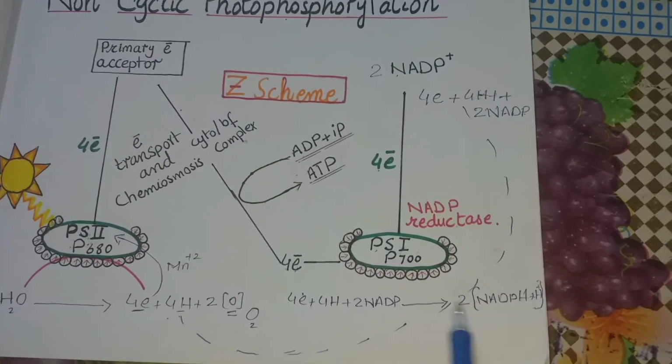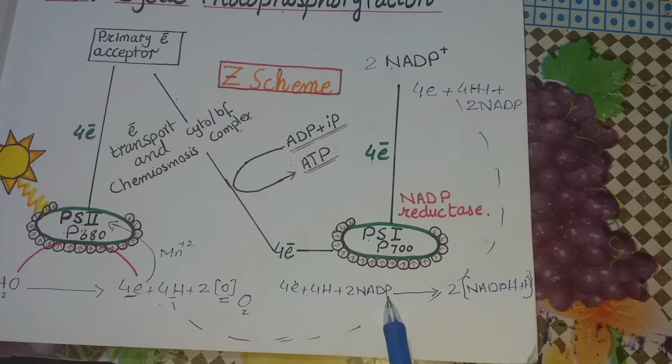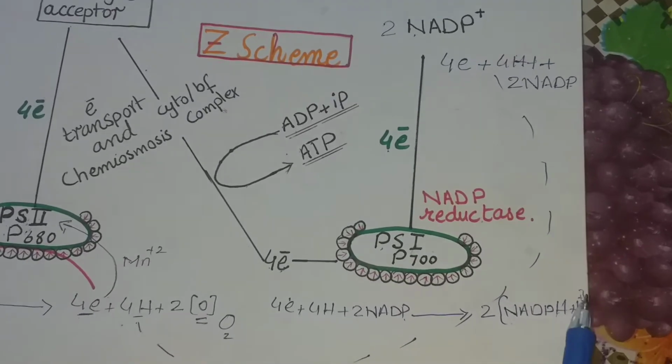So in this way, reduction of NADP takes place into NADPH plus H+.